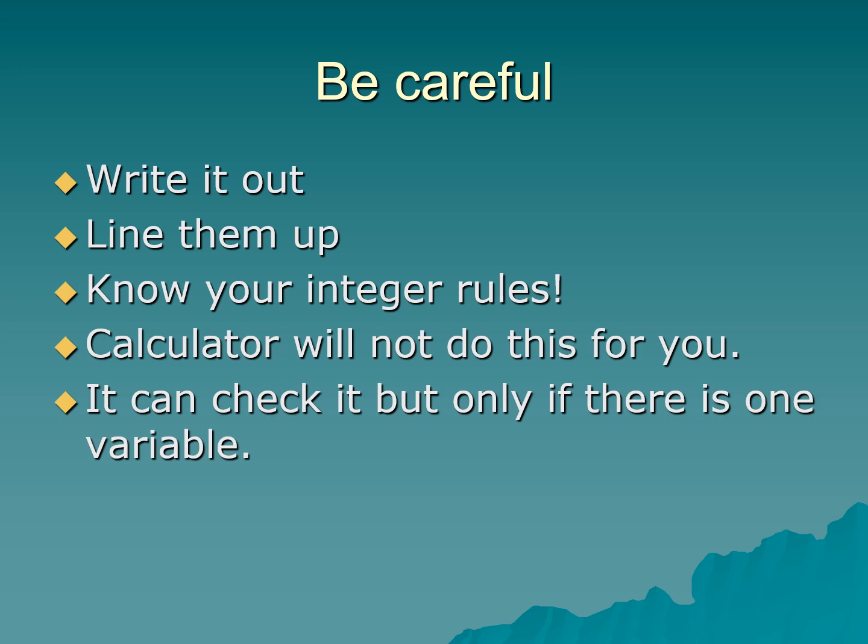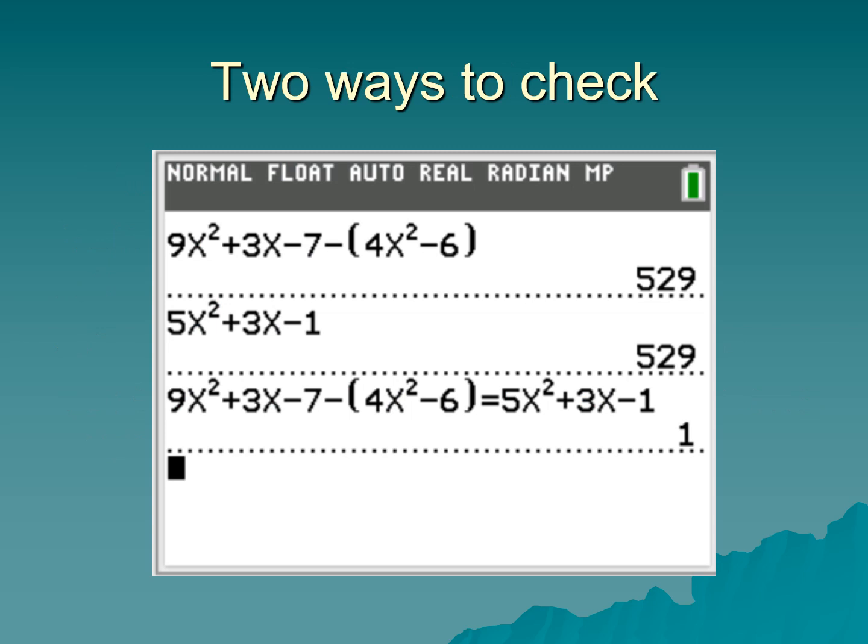You can use the calculator to do things like -12 minus 3 if you're not sure what the answer to that is. It will do the integer math for you, but it will not do the algebra. It can be checked, but only if there's one variable. For example, if I was to check this question, there's 2 ways that you can do that.